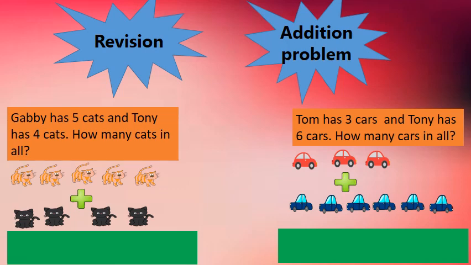So let's count. 1, 2, 3, 4, 5. And then the other one is 1, 2, 3, 4. So let's count all of them together. 1, 2, 3, 4, 5, 6, 7, 8, 9.